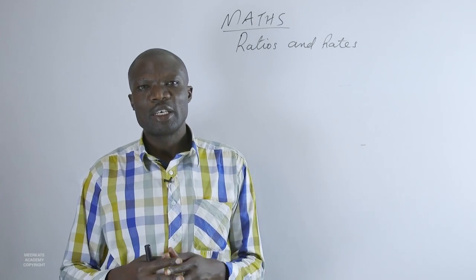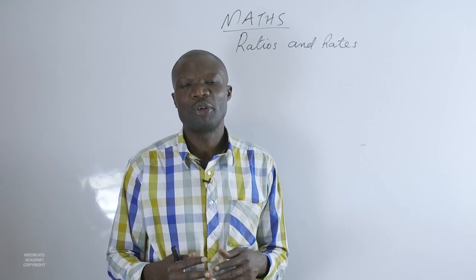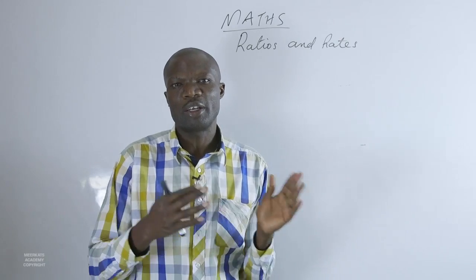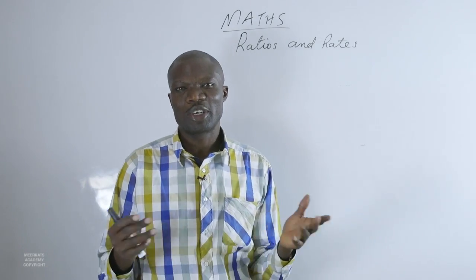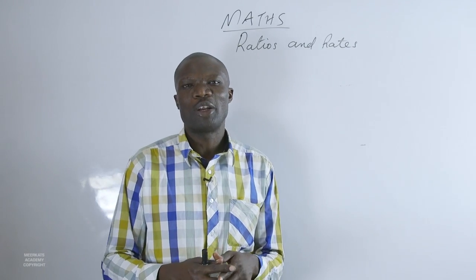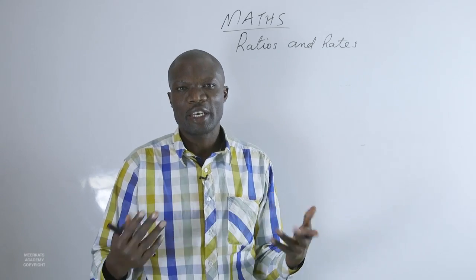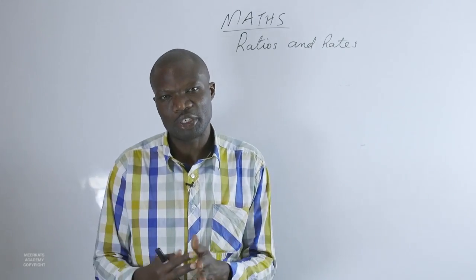Besides ingredients, ratio is also used in sporting games, where we can look at the ratio of a team when we are comparing its win and loss. We can also look at the ratio when we are looking at the maps. Generally, the scale maps are written basing on the idea of ratio.